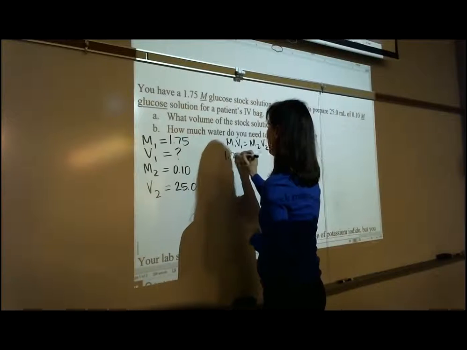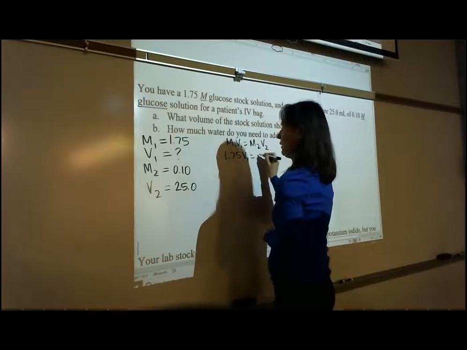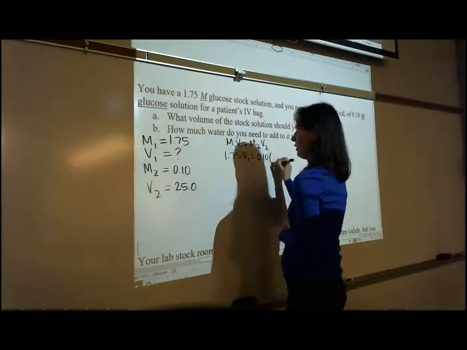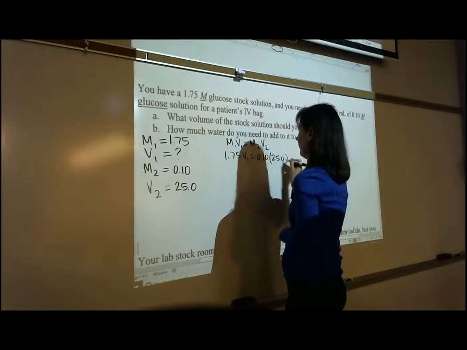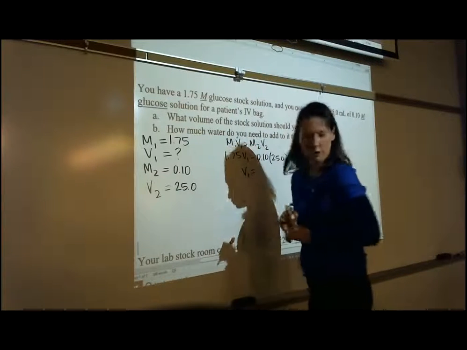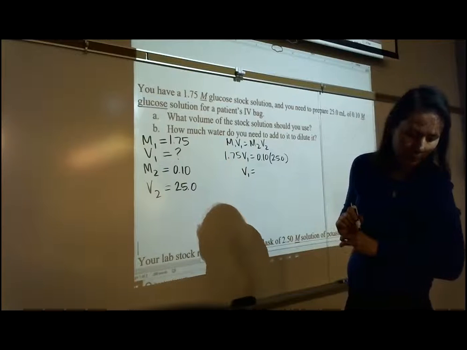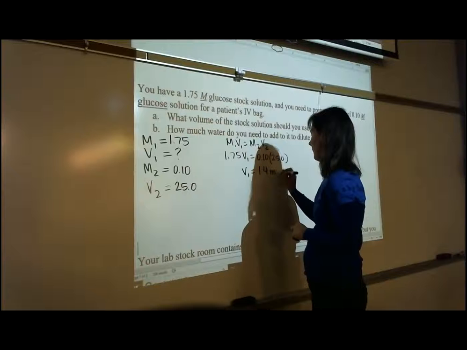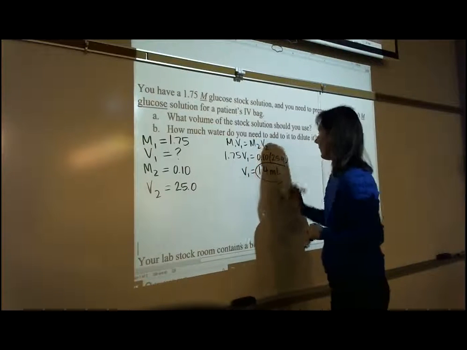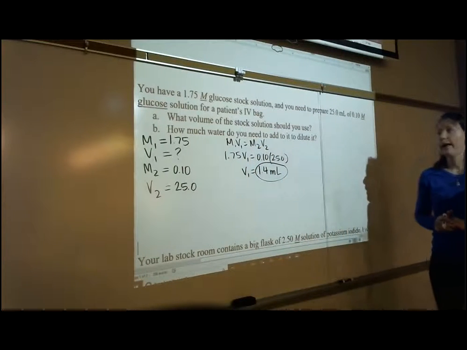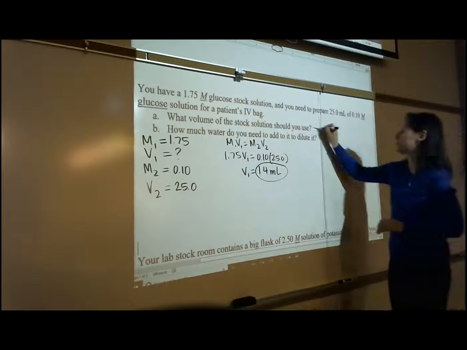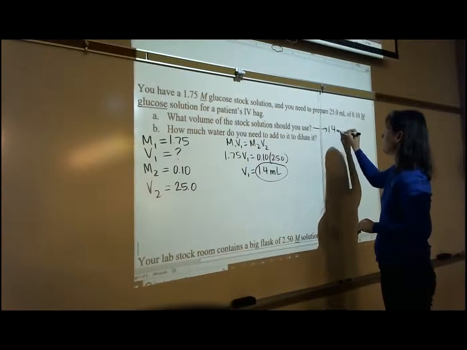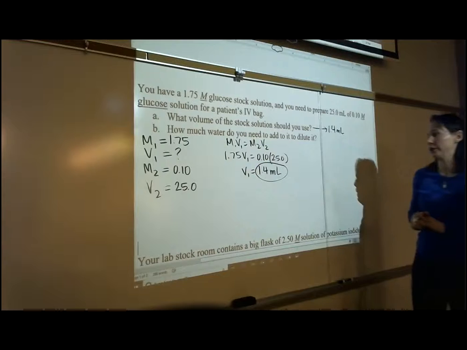All right, so M1 V1 equals M2 V2. So 1.75 V1 is equal to 0.10 times 25. So I got V1 should be 1.4 milliliters. Do we agree? Yep. And then, how do you know how much water you need?